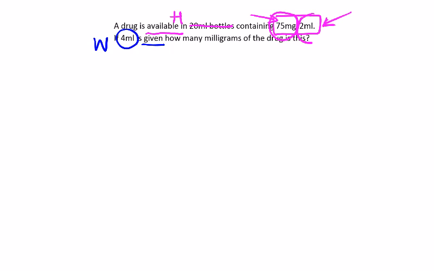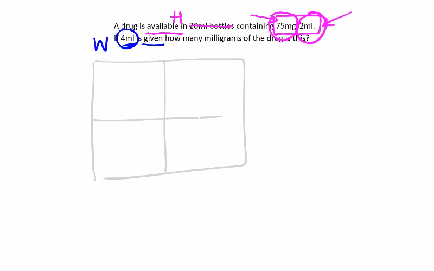This is always going to be our have, and they are in a ratio, and the third quantity is in mils, which will match one of those. So it is again a box method type question. So we draw the box and we put in the have.